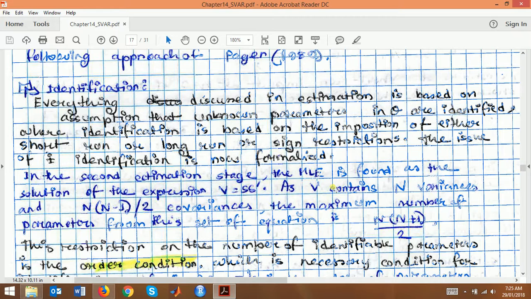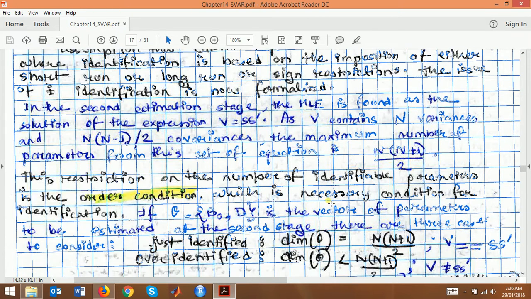In the second estimation stage, the maximum likelihood estimation is found as the solution for the omega expression as V contains n variances and n multiplied by n minus 1 by 2 covariances. The maximum number of parameters from this set of equations is n into n plus 1 by 2. This restriction on the number of identifiable parameters is called the order condition.